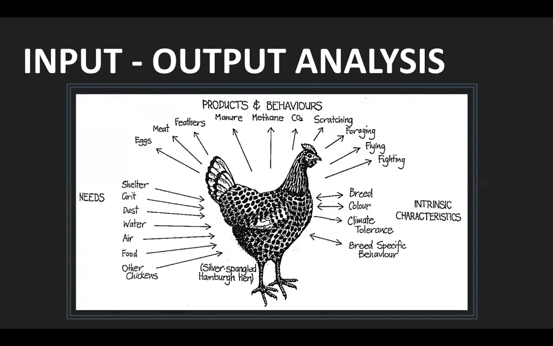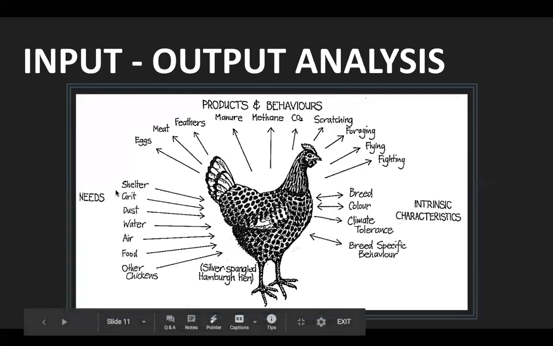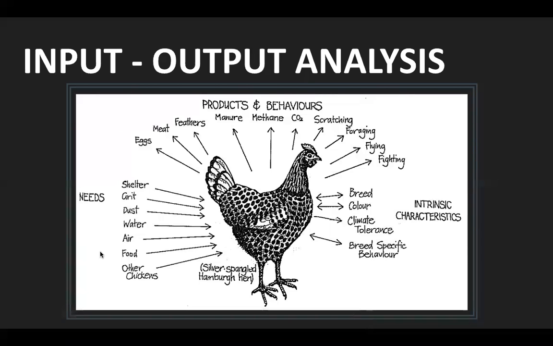So what breed are you looking to raise? Next, we look to the needs of the chicken, the basic needs. So for example, shelter, some kind of a dust bath, a roosting area, nest boxes if they'll be laying. They probably want some companions, they need food, they need some kind of grit for their crops.